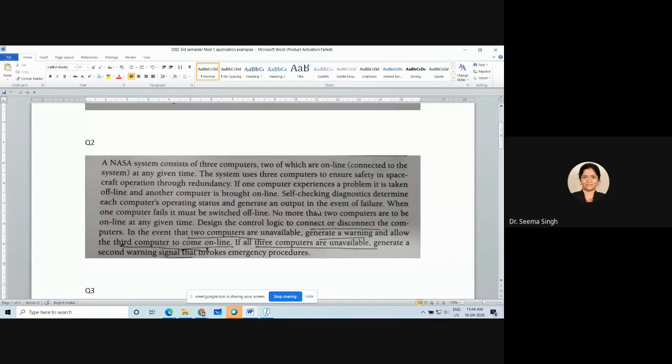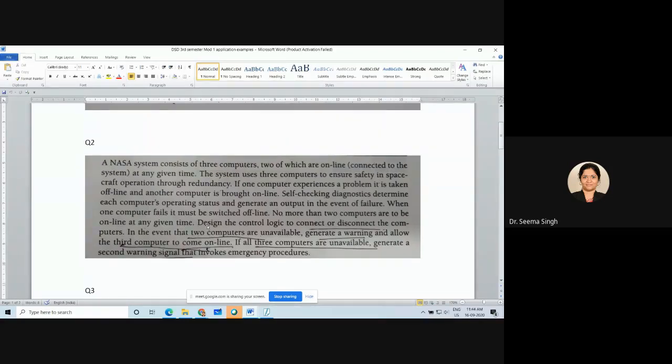Okay, I will make a truth table, you will understand it better. Now when one computer fails, it must be switched offline, and no more than two computers are available at any given time. So at any given time you have to get the work out of two computers only. Whether two only are available or three are available, at a given time only two computers will be working.